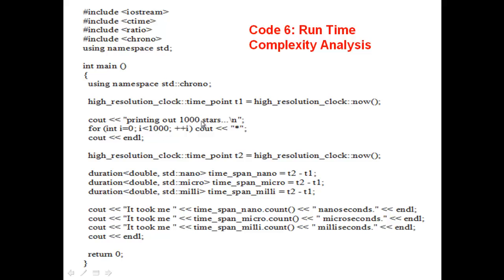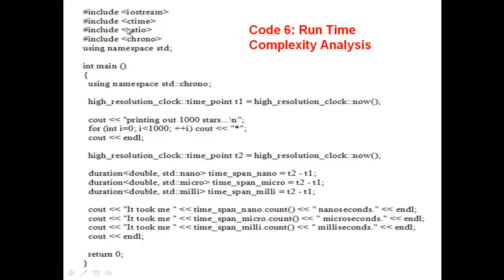I'm going to print 1,000 such star symbols, and I want to know how much time it takes to print 1,000 stars. That's my objective of this program. How long it takes, the physical time, how many seconds or milliseconds or nanoseconds, whatever the time it takes to print 1,000 stars. So how to measure that time as part of your code?